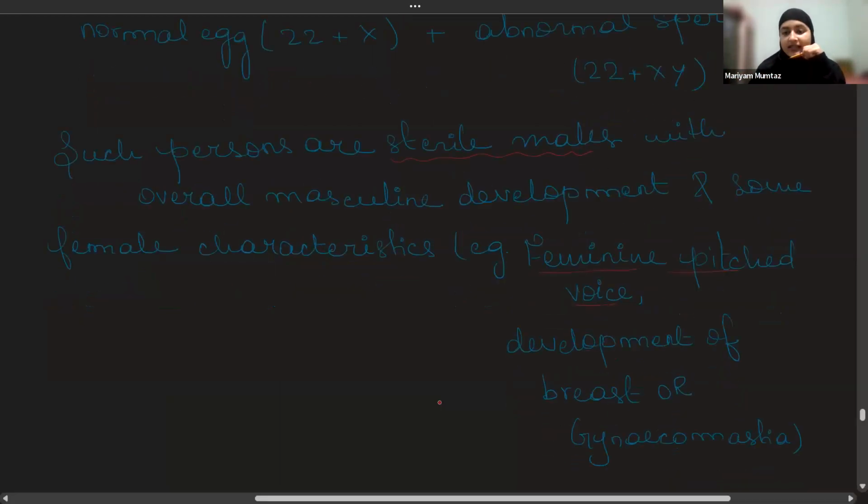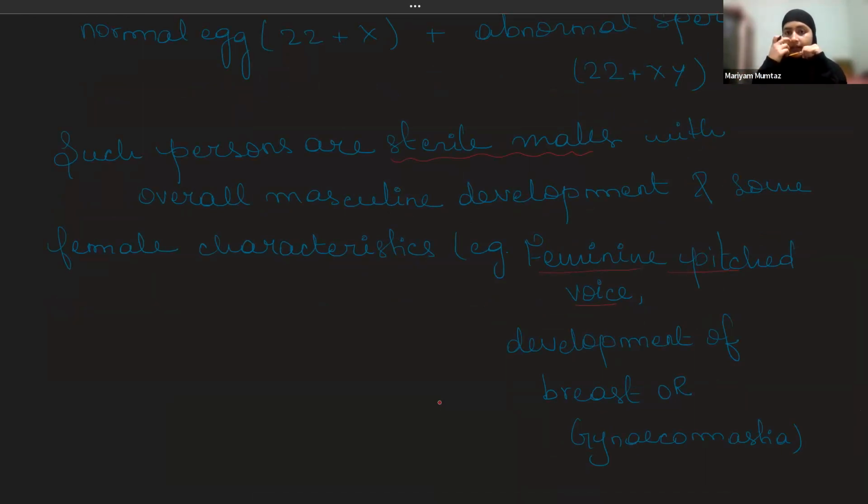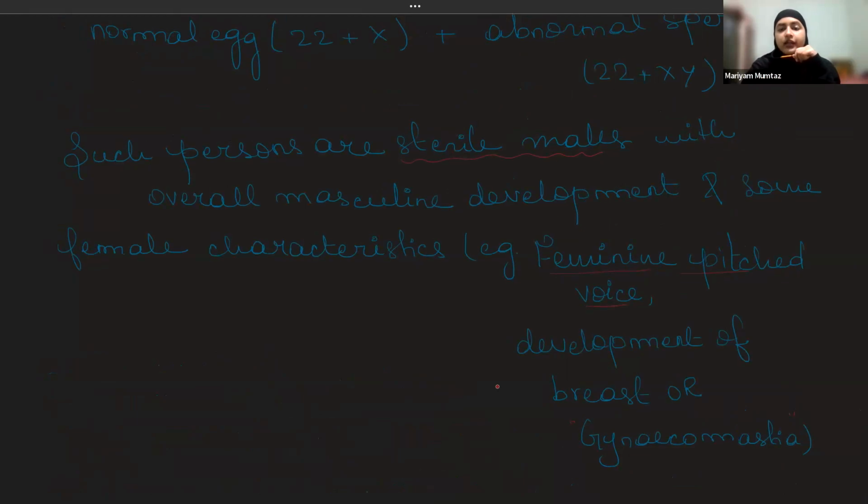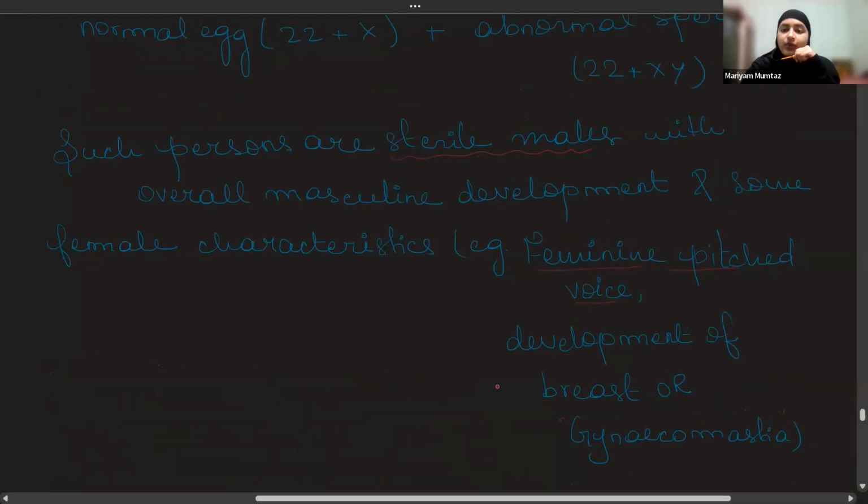Also, in such males that have Klinefelter syndrome, development of breast takes place. Not functional, but the development of breast takes place. This development of breast is also called gynecomastia. This is the scientific term for it, gynecomastia. So these are the symptoms or characteristics of the person who has Klinefelter's syndrome.